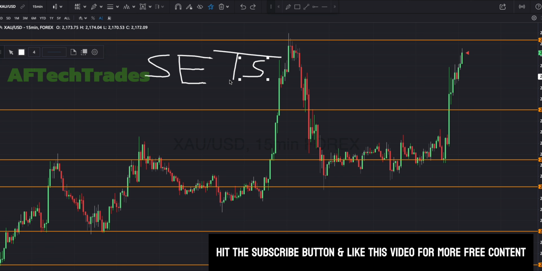These conditions must be met before you take any trade. Once you see that these conditions are met, then that trade is valid.